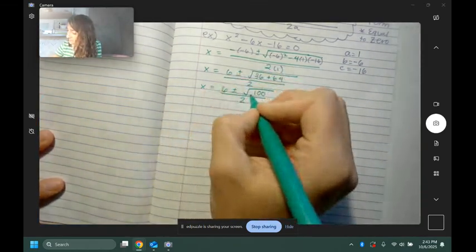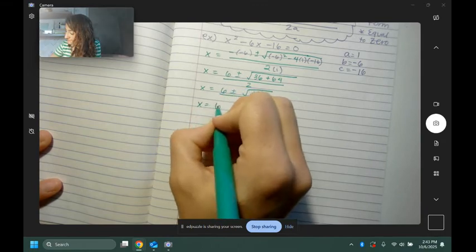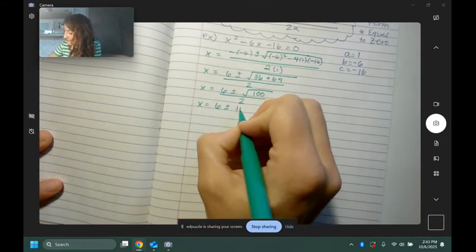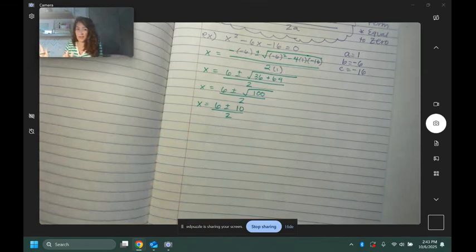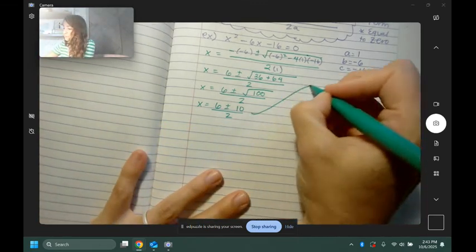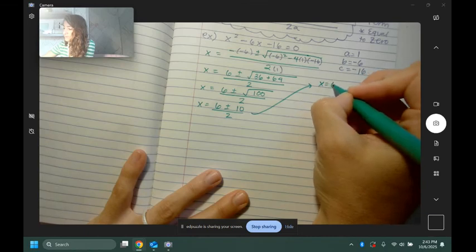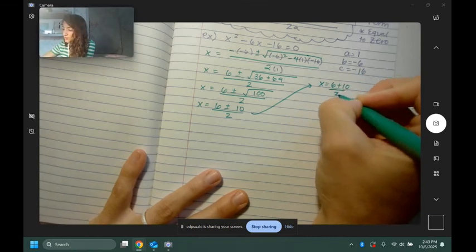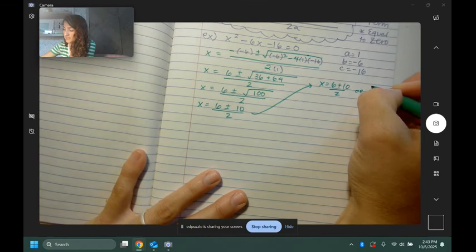Let's keep going. The square root of 100 is 10. So 6 plus or minus 10, all over 2. Okay. Now let's split this. x equals 6 plus 10 over 2 and 6 minus 10 over 2.